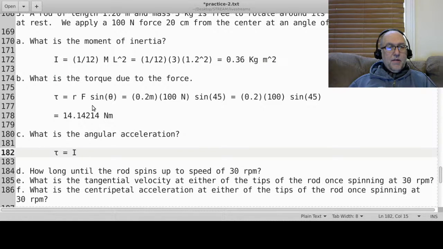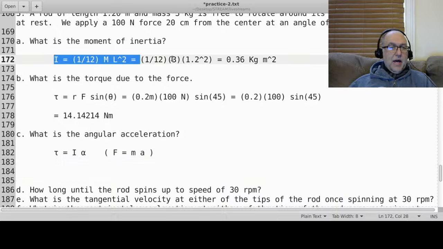All right, let me grab an alpha here. And paste. There we go. Tau is equal to I alpha. That's the angular equivalent of F. So tau is like F, is equal to m, so I here is like m, times a, and a is like alpha. So one is just the angular equivalent of the other.